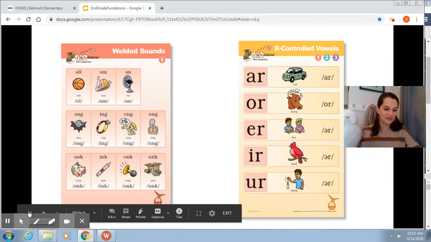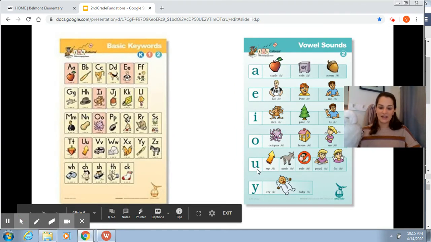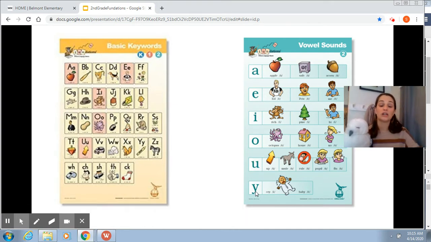All right, let's go backwards, because we didn't do our Y. So remember, when our Y is acting as a vowel, if it's a 1-syllable word that ends in a Y, it says the long I sound, like Y, cry, I.